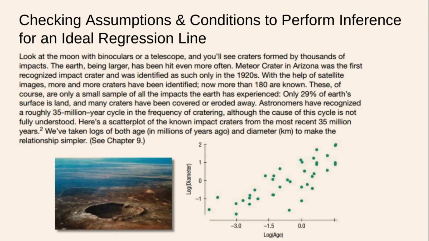Here's a scatter plot of the known impact craters from the most recent 39 million years. We've taken logs of both age in millions of years ago and diameter in kilometers to make the relationship a bit simpler. All right, so we did some data transformations like the ones in chapter 9, and these data are looking pretty linear.